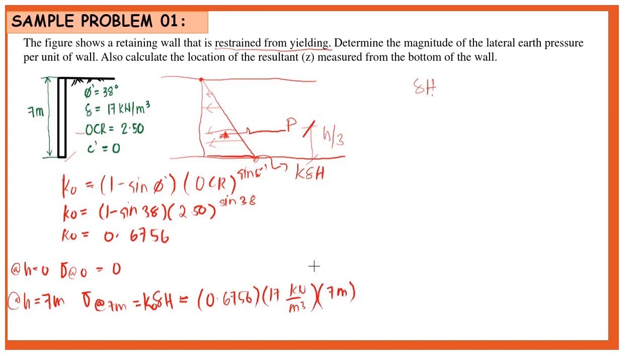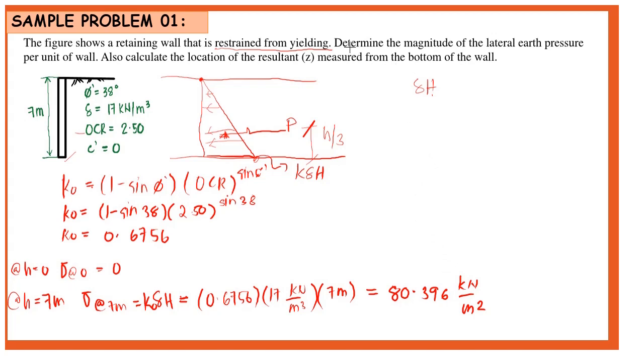So calculating our pressure at 7 meter, our value here is equal to 80.396. So our unit here is kilonewton per meter squared. That is our pressure at 7 meter.